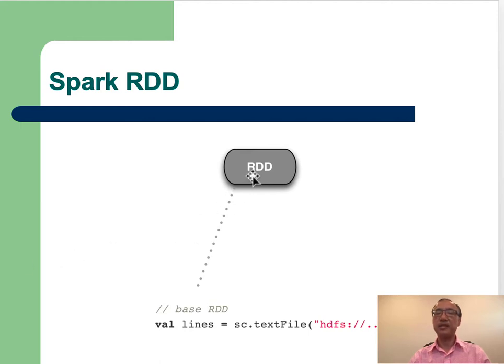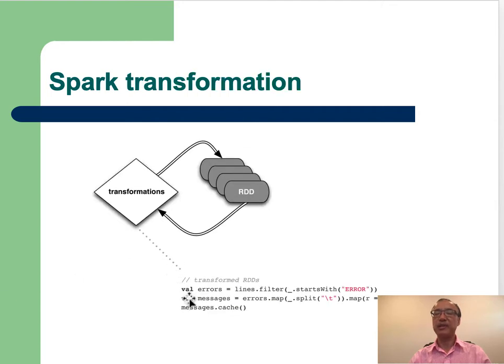So the first RDD is lines. We read this first RDD from the HDFS files, and then we use transformations. These lines, errors and messages are constructed from this original RDD, but they are not actual objects. They are only constructed conceptually. They do not exist.